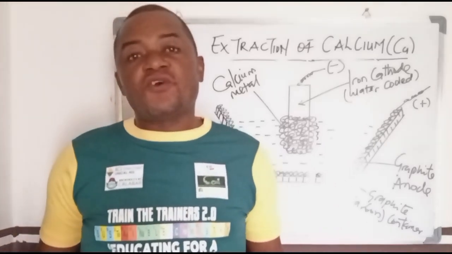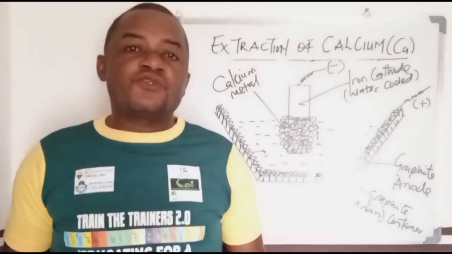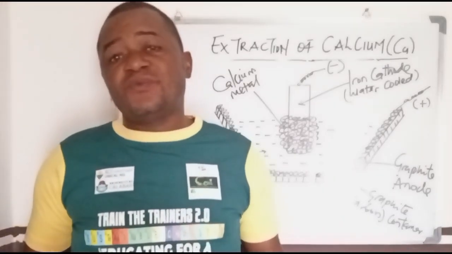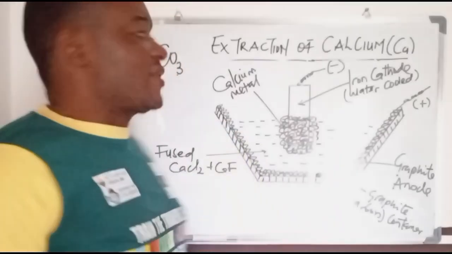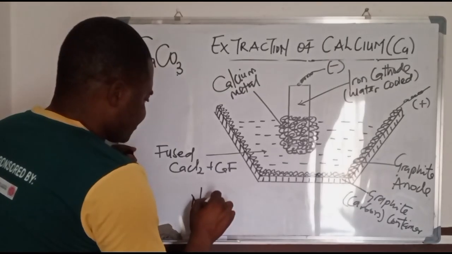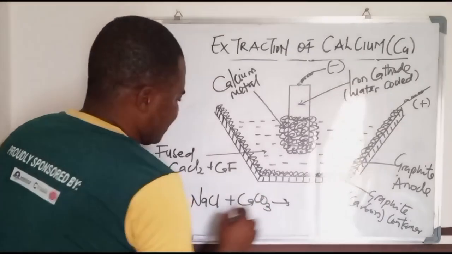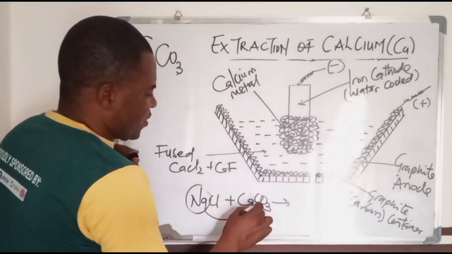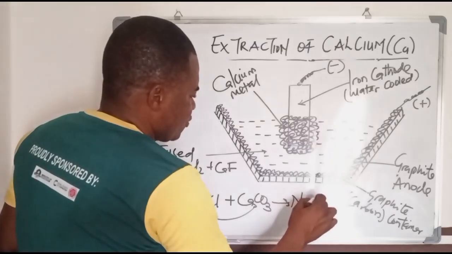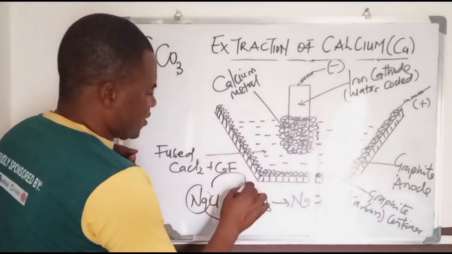Now, when you go to the Solvay process and you react sodium chloride with calcium carbonate, you should be able to get calcium chloride. So if you react sodium chloride with calcium carbonate, you will see that the sodium will react with the carbonate. You now have sodium carbonate, and then the chlorine will now react with the calcium.